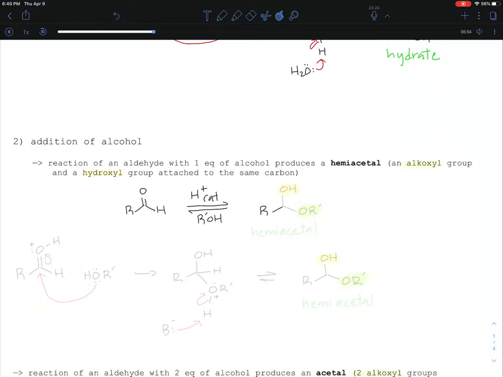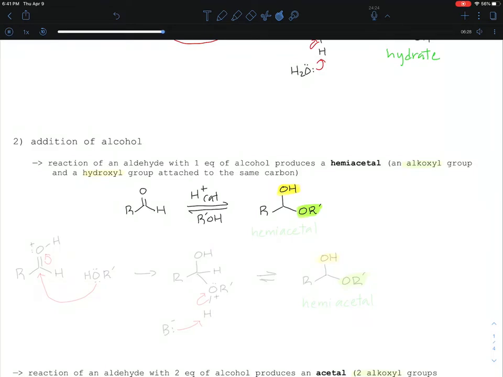We're going to get attack at the carbonyl, and we're going to end up with, instead of a hydrate, one hydroxyl group on here, and then an alkoxyl group. So we have ether functionality and alcohol functionality. We have a name for this.